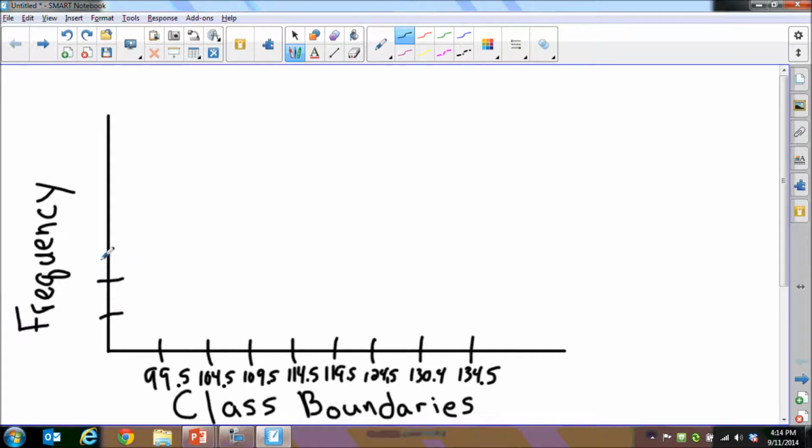You want to keep them far enough apart that you can tell the difference between one tick mark and another. So I'm going to start with 3, 6, 9, 12, 15, and 18.